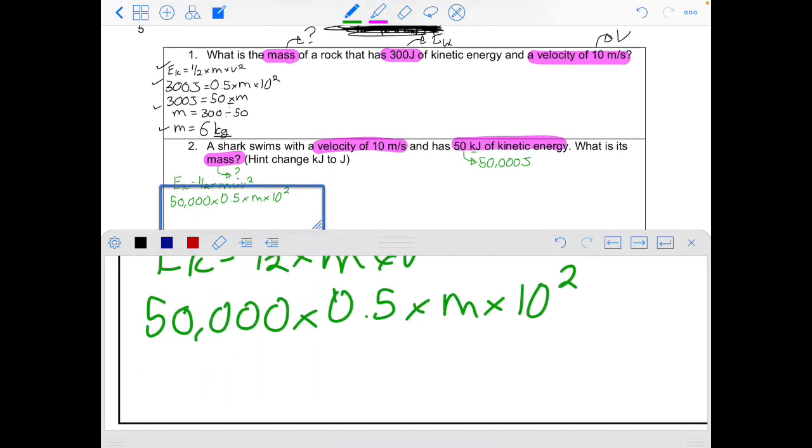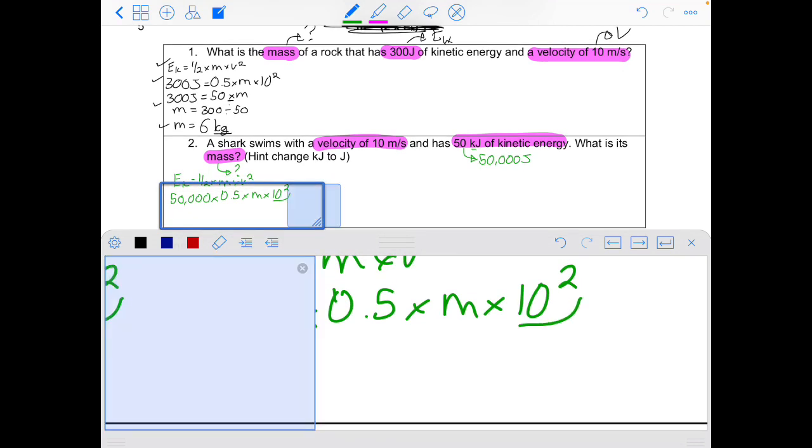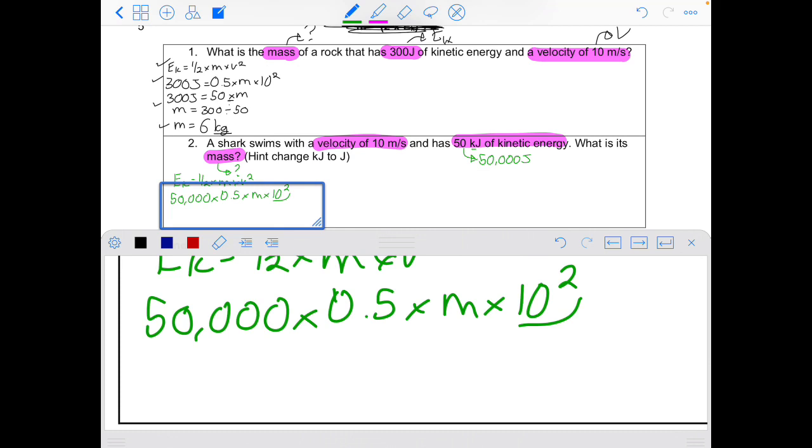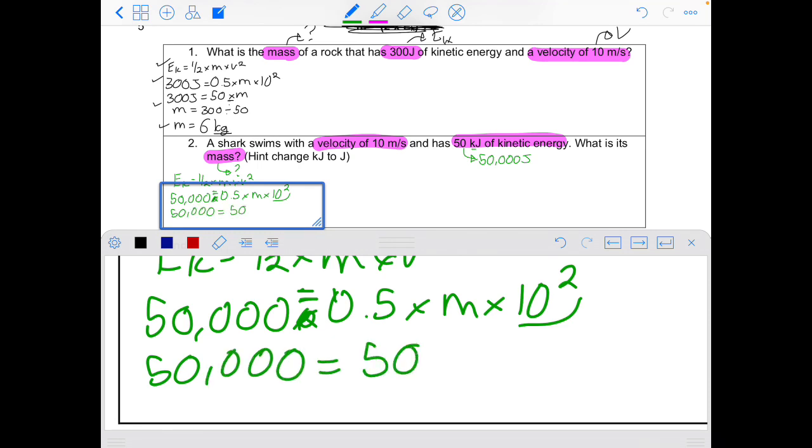Again, 10 squared is 100, times 0.5 is 50. So we have 50,000 is equal to 50 times our mass.